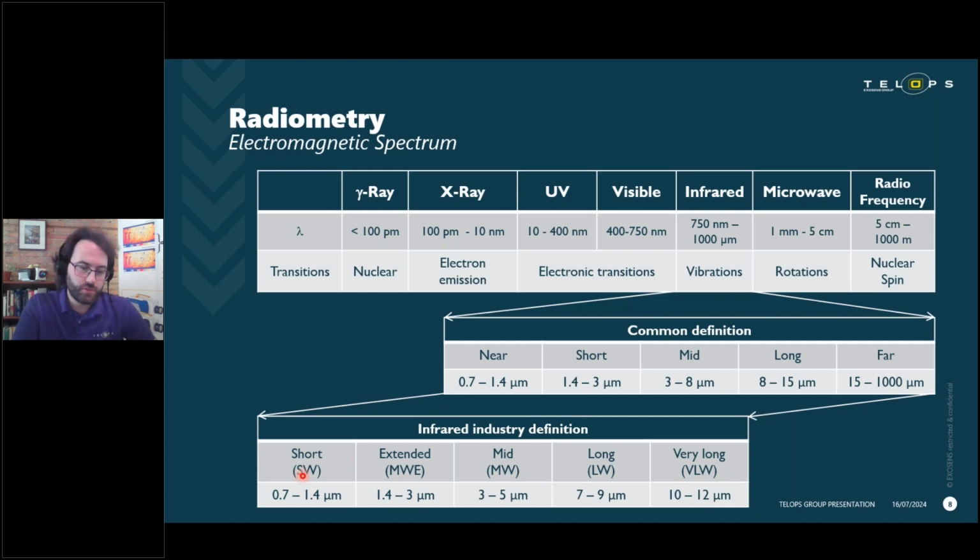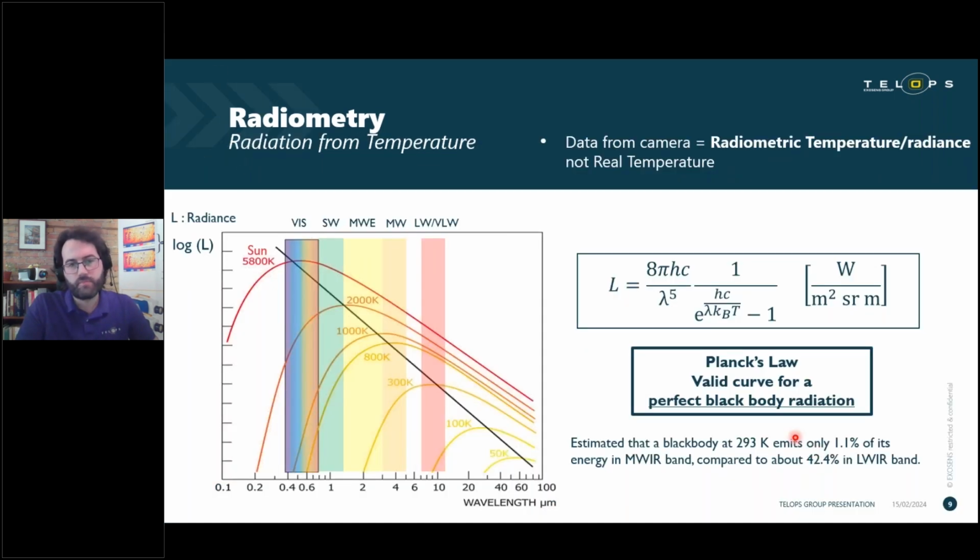So we have short wave 0.7 to 1.4, mid-wave and extended mid-wave from 1.4 to 5, then long and very long wave going from 7 to 12 or 13 microns. That's typically the jargon used when you're looking at infrared cameras, and I'm not just talking Telops cameras, but infrared cameras in general.